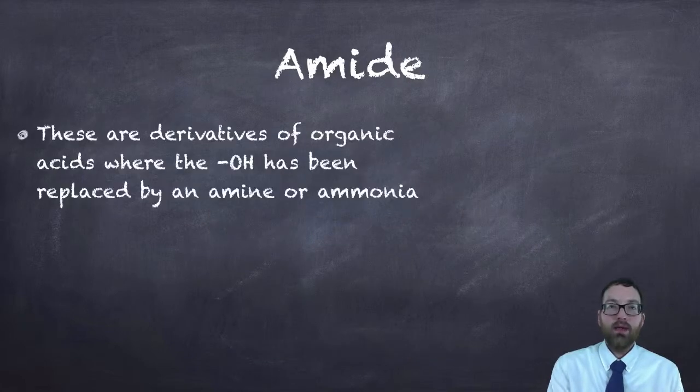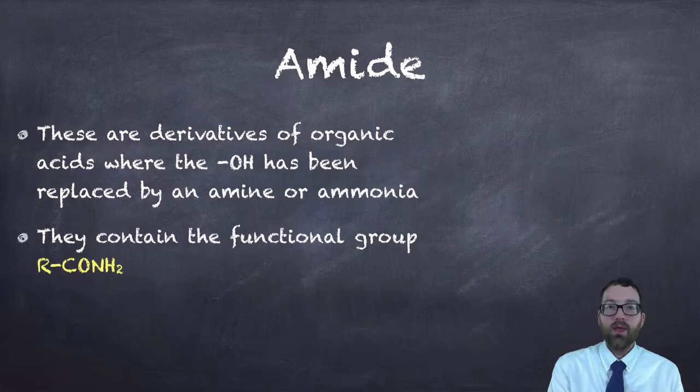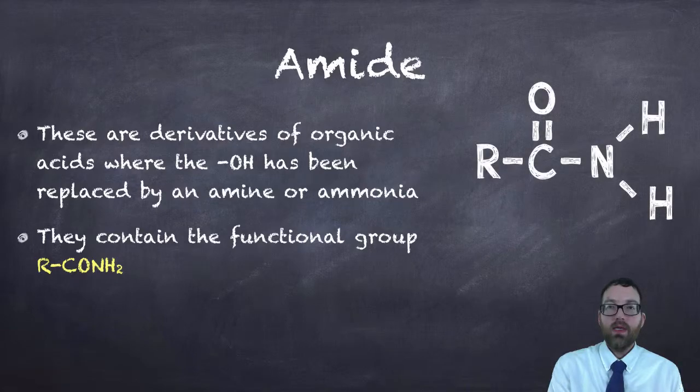Next we have an amide. These are derivatives of organic acids where the OH group has been replaced by an amine or possibly ammonia. So their functional groups look like this, and structurally they would look like this. So here's the part that came from the organic acid.